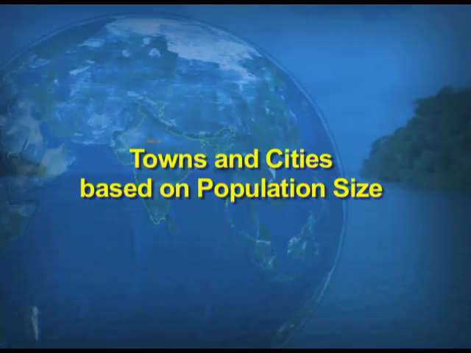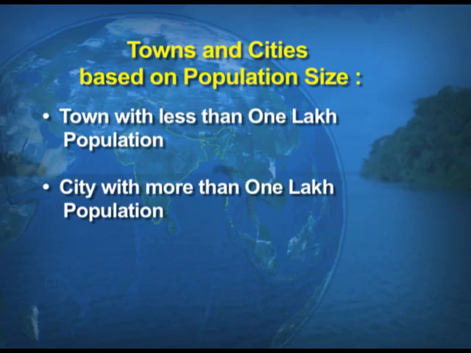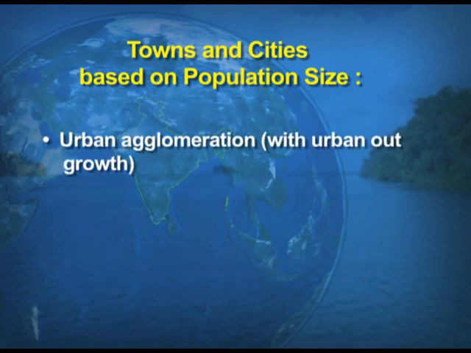Towns and cities based on population size: towns with less than 1 lakh population, cities with more than 1 lakh population, and the metropolitan city, as we have already discussed, where the population varies between 1 to 5 million, and the urban agglomeration. That means the agglomeration where we have the urban outgrowth of the city.